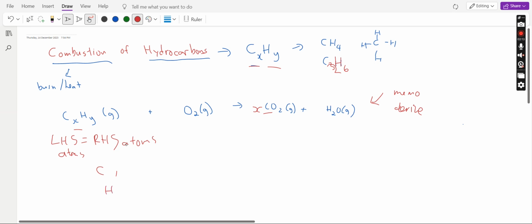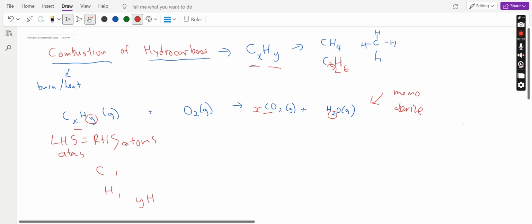Now when you look at your hydrogen, it is slightly more complicated because here you have y in your subscript on your left hand side, so you have y number of H. On your right you have a 2 here, so you have to be careful.